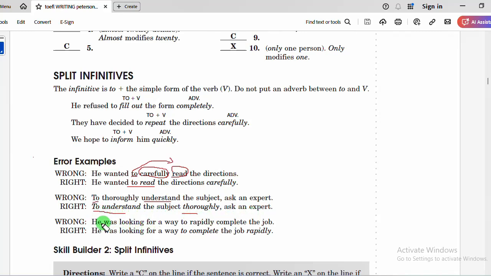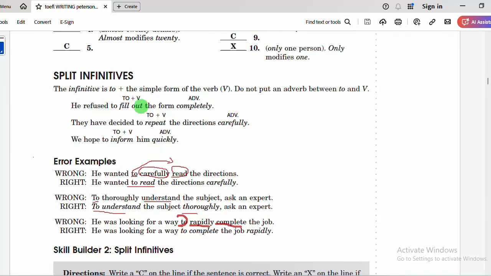A third example: he was looking for a way to rapidly complete the job. Here, that's the word to, and that's the infinitive complete. In between the word to and the infinitive complete, we find the adverb rapidly, which makes a split infinitive here.